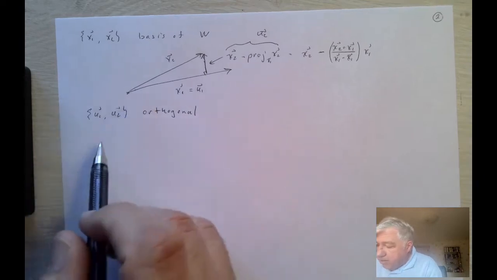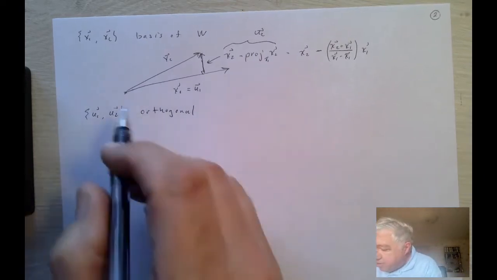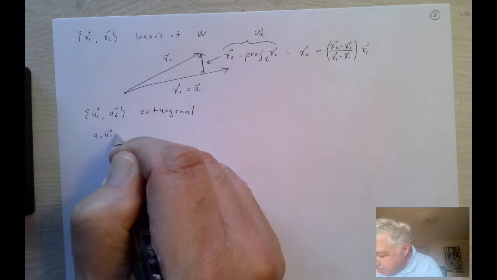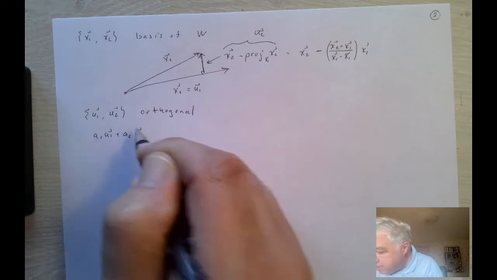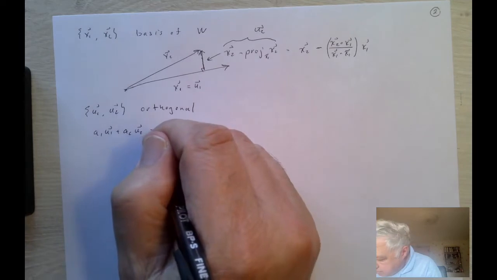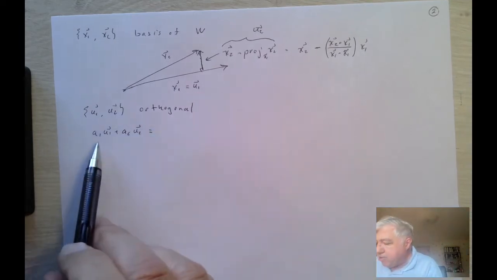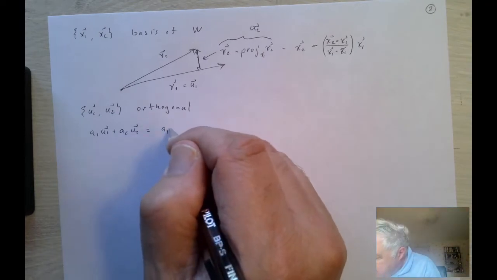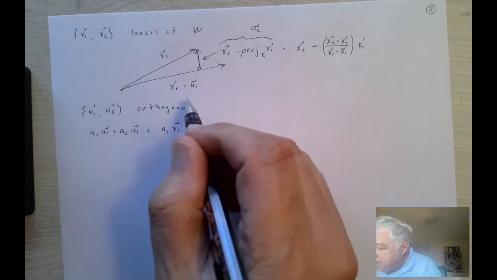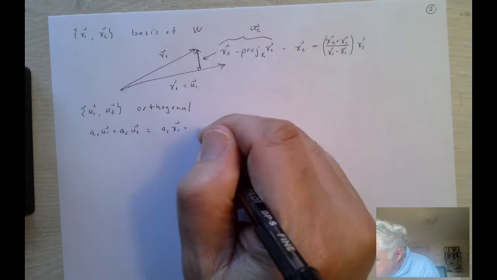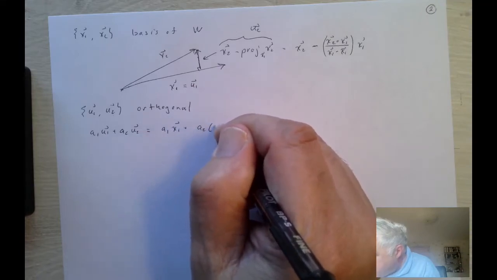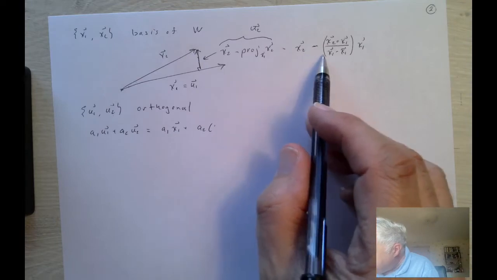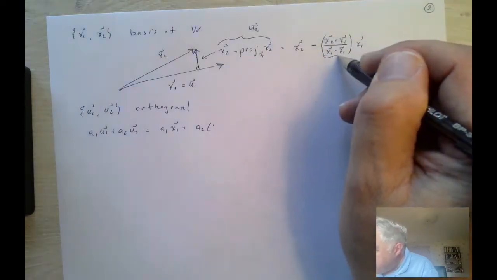So let's take a linear combination of u1 and u2 first of all. So let's say a1 u1 plus a2 u2. We want to show that this is a linear combination of x1 and x2. Well, u1 is just x1, and u2 is x2 minus some number, we can call this lambda.